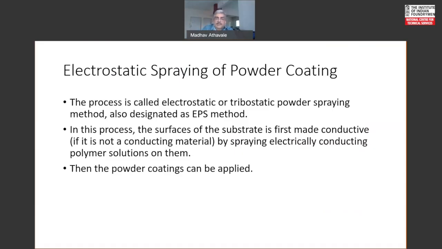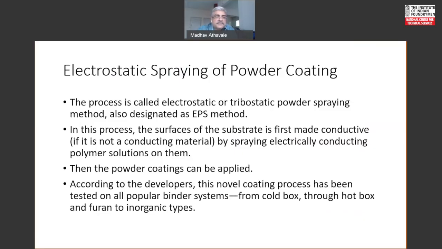Then the powder coating can be applied. The people who have developed this say that it can be used against all the very popular binder systems such as PU cold box or hot box or furan or inorganic types.